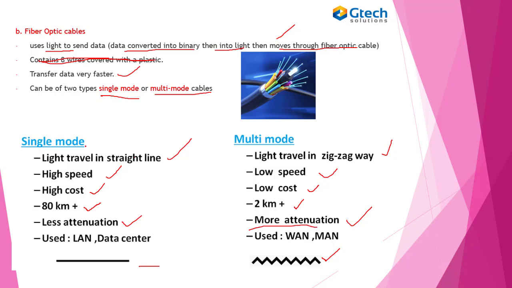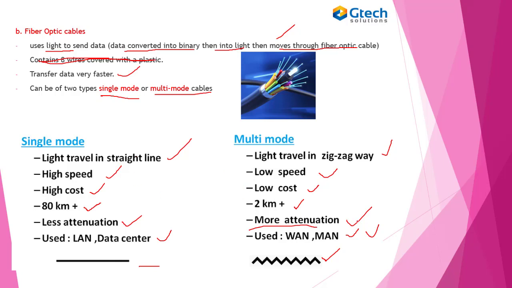Single mode is used to connect LAN and data centers, but multi-mode can connect wide area networks and metropolitan area networks. So I hope you understand what fiber optic cables are, how data is transferred through those cables, the two modes, and the differences.